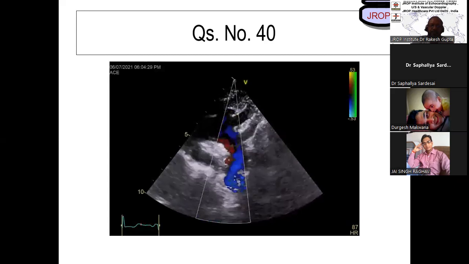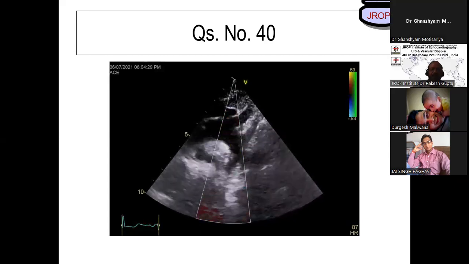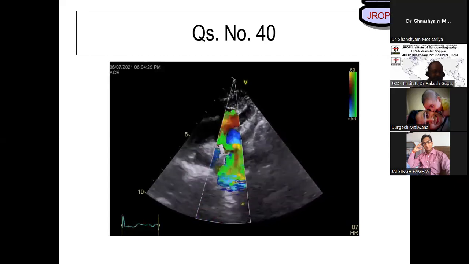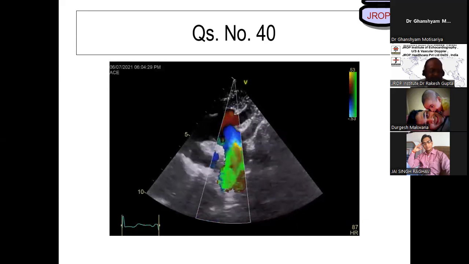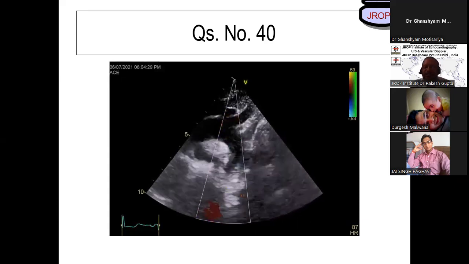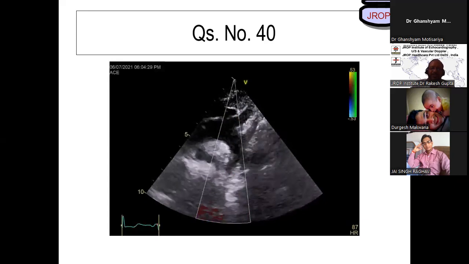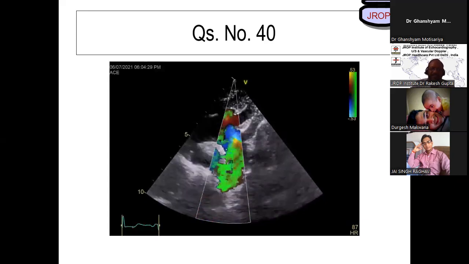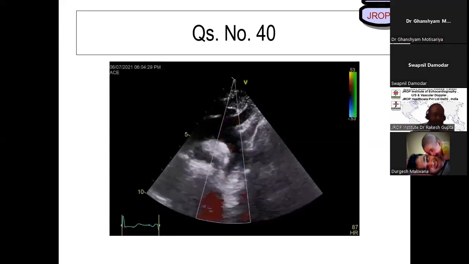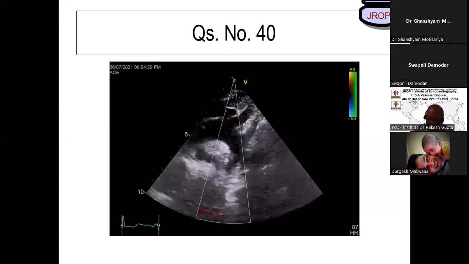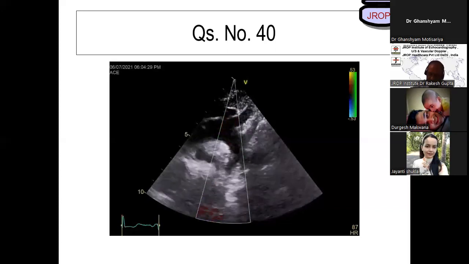This is not tough, this is very simple, Durgesh. Ghanshyam has raised his hand already. Okay, Ghanshyam, go ahead. This is again coarctation of aorta.